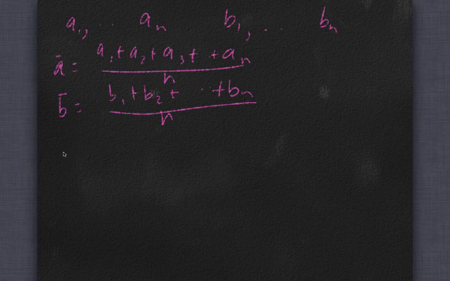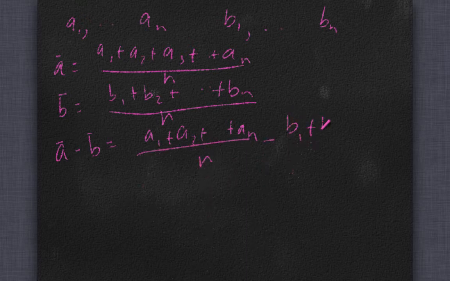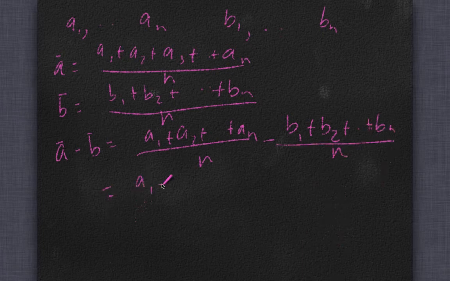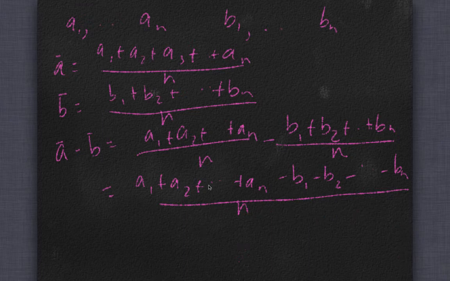So if I subtract these, that equals A1 plus A2 plus AN minus B1 minus B2 minus and so on, all over N, because I already have this common denominator, right?